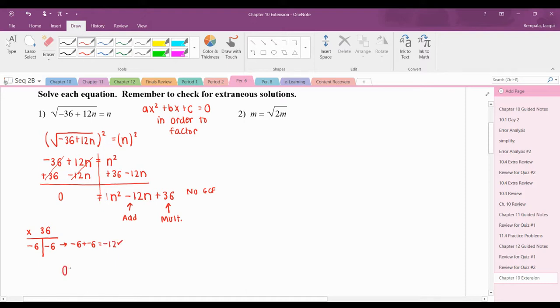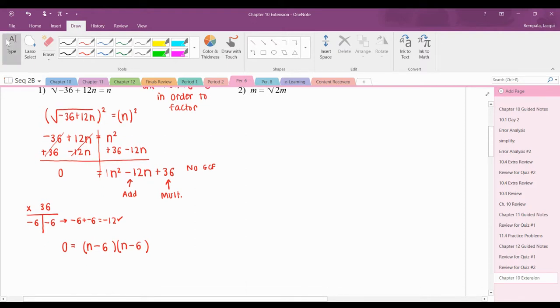So we'll still have that 0 equals, but then the whole point in factoring is that it creates these two parentheses. Because my term is n squared, I'm going to start each parenthesis with an n, and I'm going to end it with a negative 6. So now because it equals 0, I need to take each parenthesis, set it equal to 0, and solve for n.